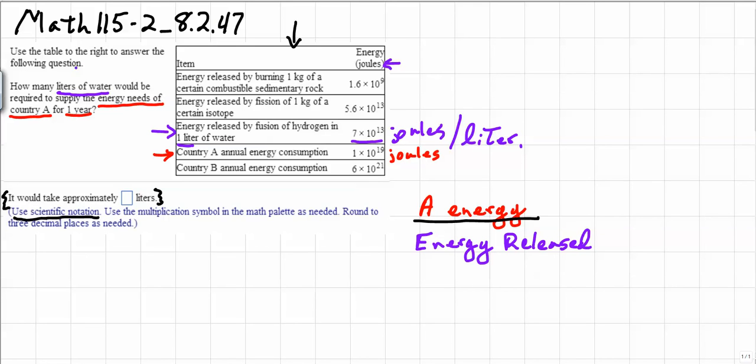So we start out with 1 times 10 to the 19th joules. And we divide that by 7 times 10 to the 13th joules per liter.